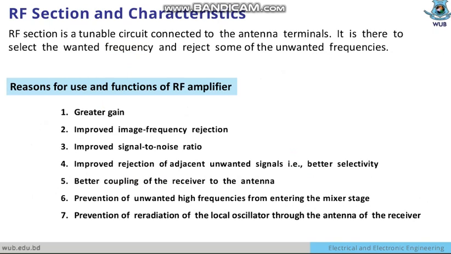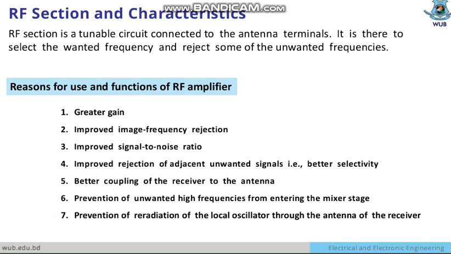Okay, now coming back to the RF section and its characteristics. The RF section is a tunable circuit connected to the antenna terminals. It is there to select the wanted frequency and reject some of the unwanted frequencies. That means this section is like a filter: what type of frequency we will take and what type of frequency we will reject.